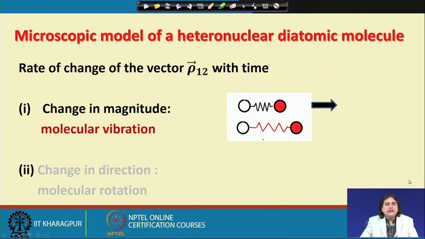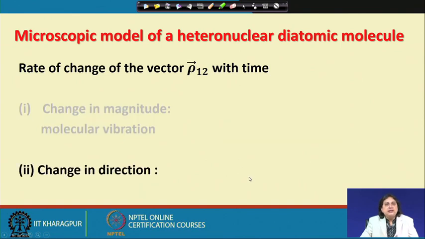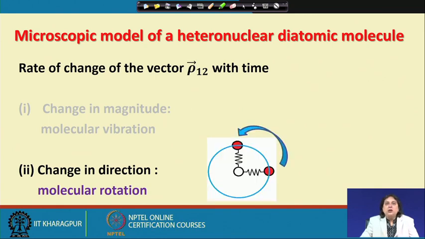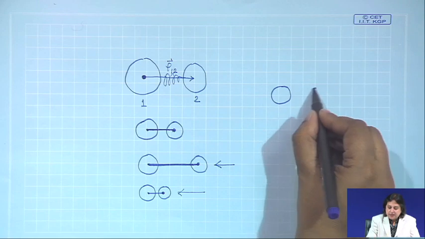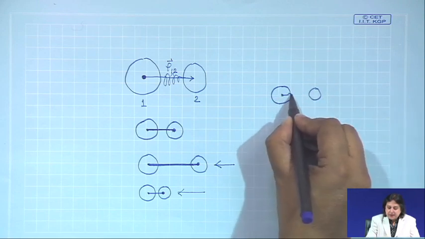Now, after this representation of molecular vibration, let us consider the change in direction of this separation vector rho 1 2. This is the one that we are going to associate with molecular rotation. So, this is one of the situations. You started with two atoms which are connected by a spring.